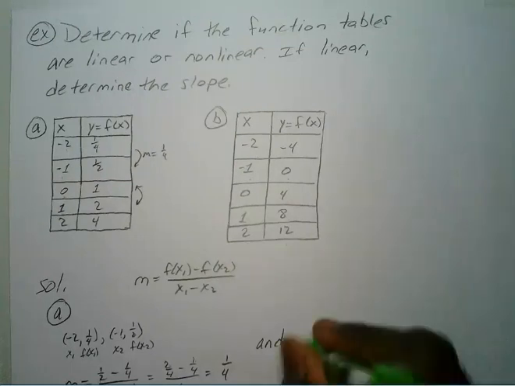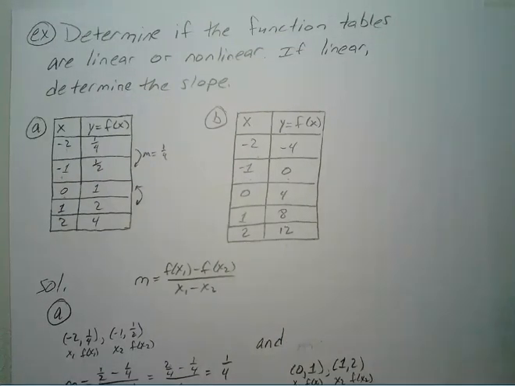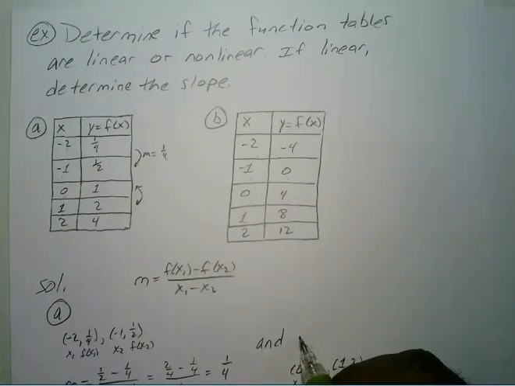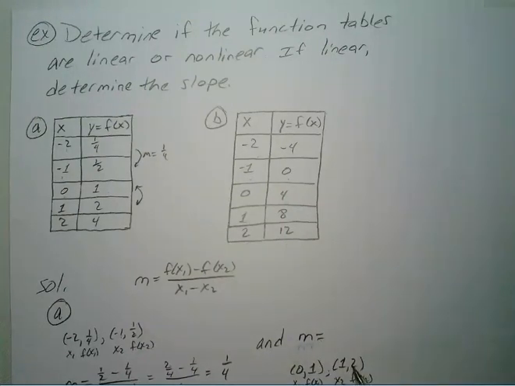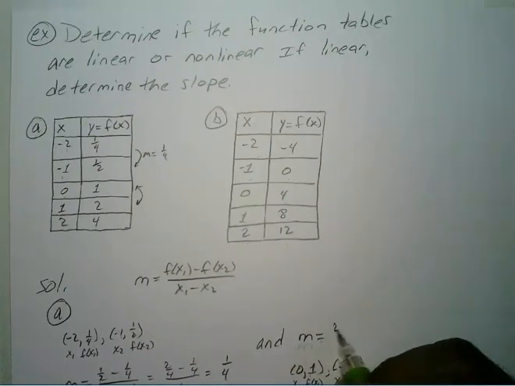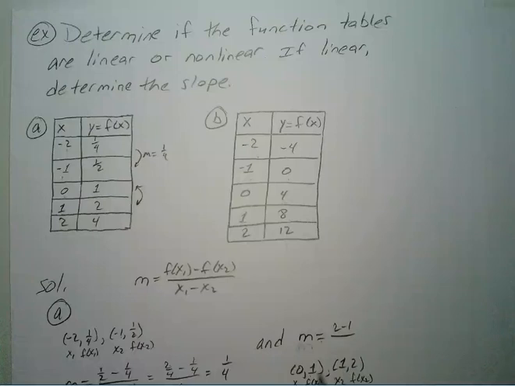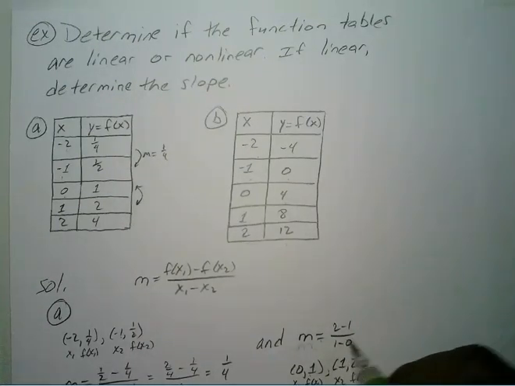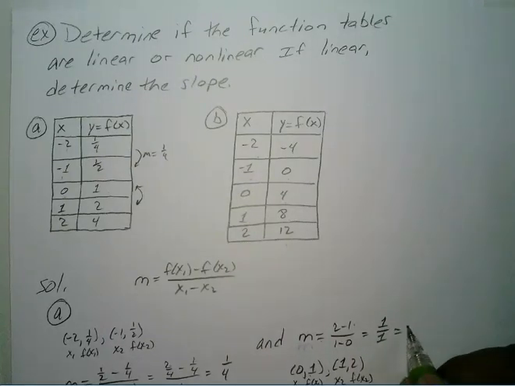Let me move that up a little bit. We know that your slope is going to equal f of x2 minus f of x1, 2 minus 1 over 1 minus 0. 2 minus 1 is 1. 1 minus 0 is 1, so your slope is just 1.